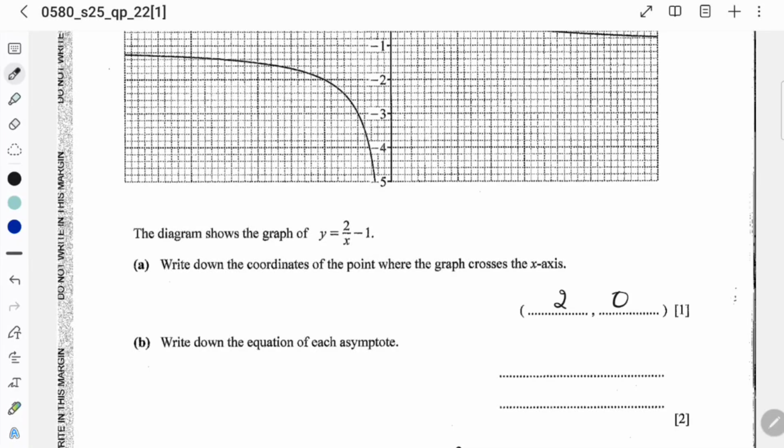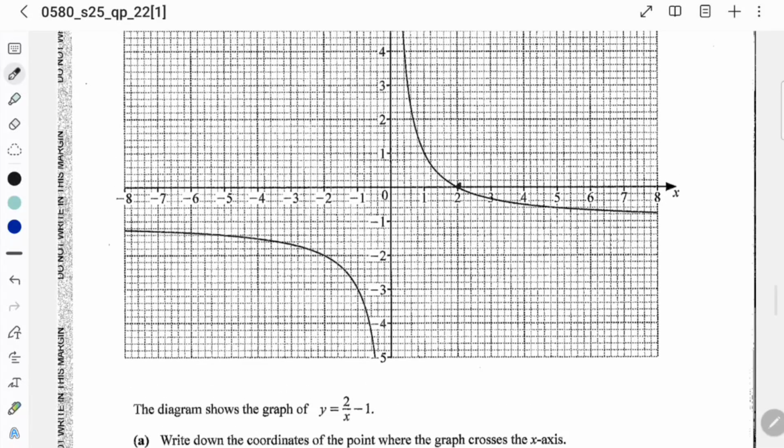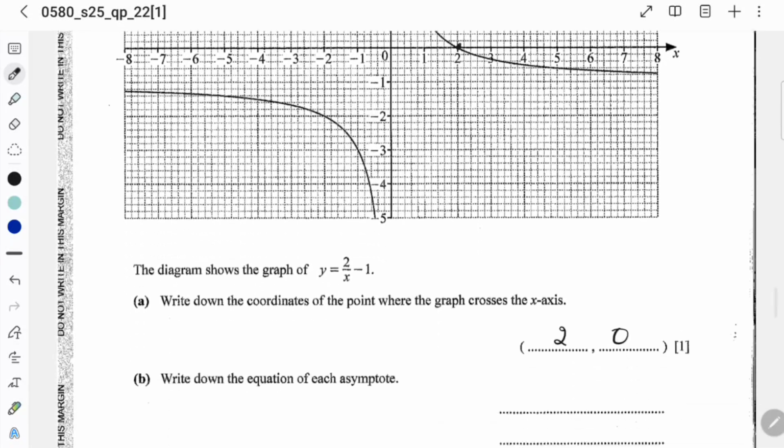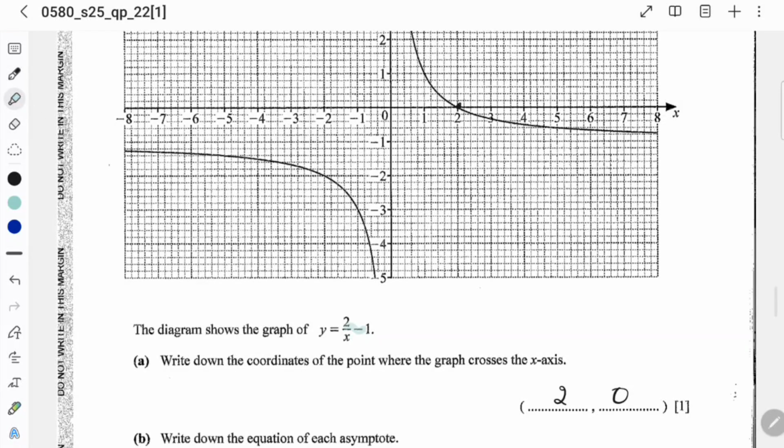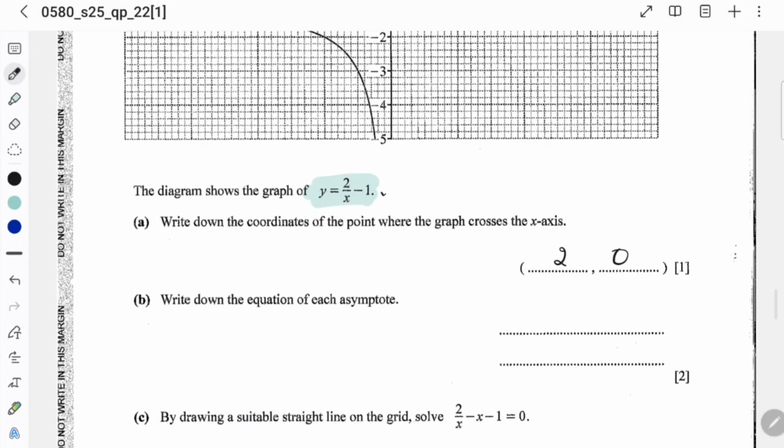Write down the equation of each asymptote, so horizontal and vertical both. So here, whenever we look at the question, for a horizontal asymptote, of course, we have to keep this number 2 over x as 0, so that's why y equals minus 1 is the horizontal asymptote.